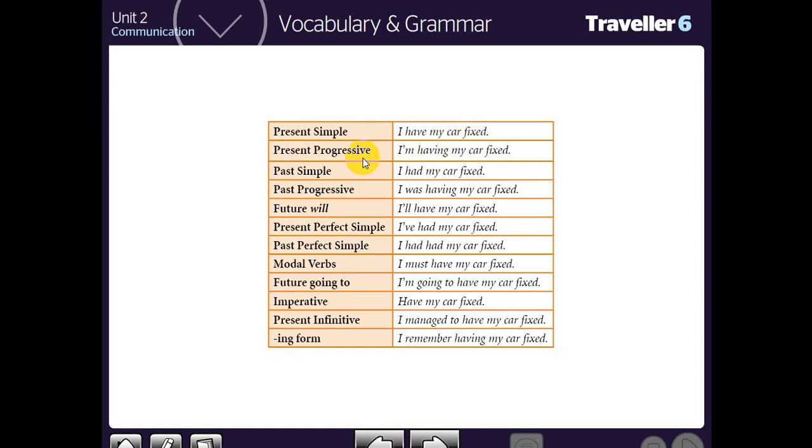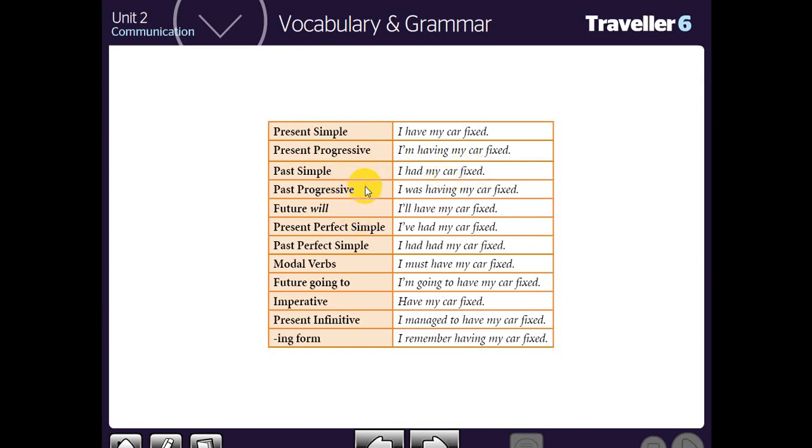As for the present progressive, a subject plus am, is, are, plus having, plus an object, then past participle. What about the past simple? Use the subject then had with all the pronouns in the past, had, then an object, then a past participle.